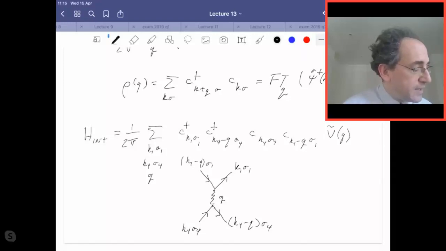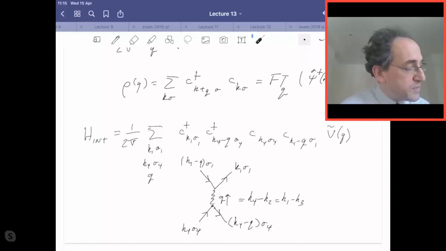Okay, let's see if we can figure out where these terms come from. So Q is going this way up the squiggly line, and Q is K4 minus K2, or the same as K1 minus K3. If we look at this interaction vertex, let me draw a box around this maybe, so I can distinguish it. Okay, good.